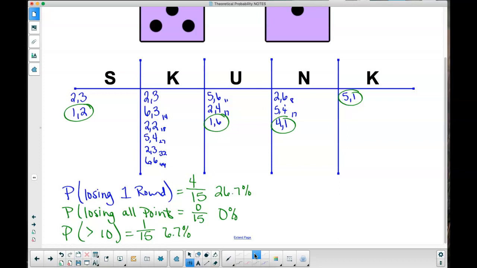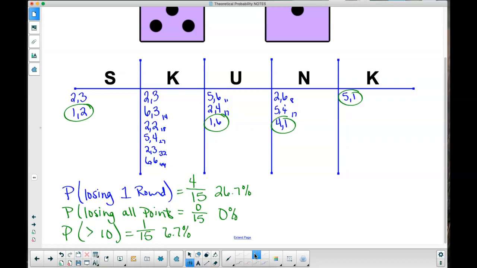Now, let's talk about theoretical probability. In theory, you might have to go back to your notes and look at your table. In theory, the probability of losing all your points for one round. How many possible outcomes are there when I roll 2 die? When I roll a pair of dice, how many possible outcomes are there? 36.